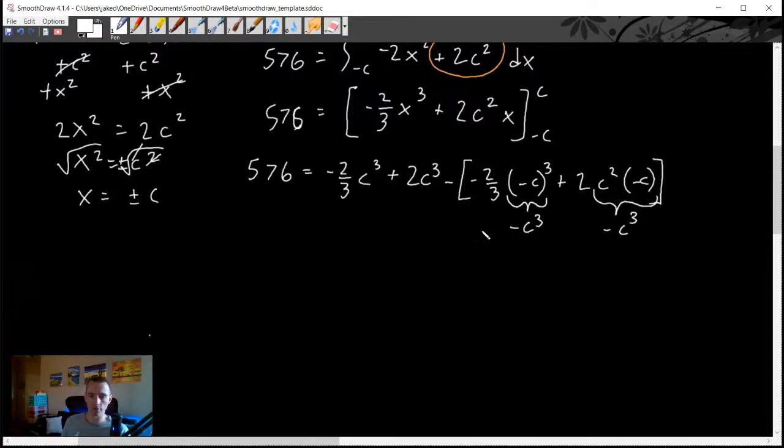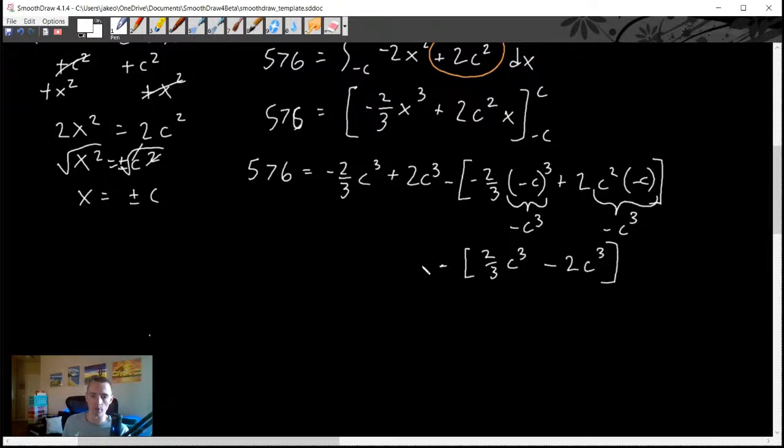So basically, to simplify just what's in the parentheses here, we're going to have negative 2/3 times negative c cubed, where the negatives are going to cancel, giving us positive 2/3 c cubed. And then we have plus 2 times negative c cubed, which is going to be minus 2c cubed.